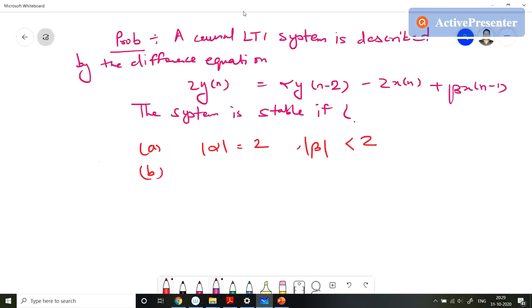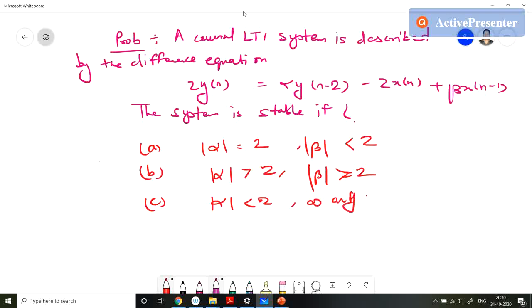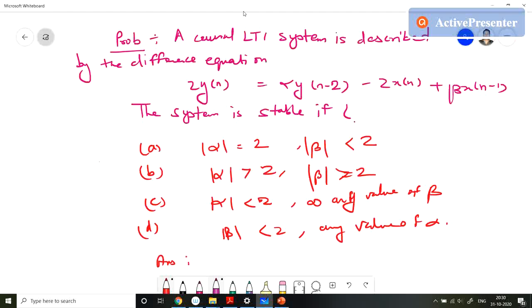The second condition is alpha is greater than 2 and beta is also greater than 2. The third condition is modulus of alpha is less than 2 and any value of beta. The last condition is beta is less than 2 and any value of alpha. These are the conditions. Now let us solve this problem.